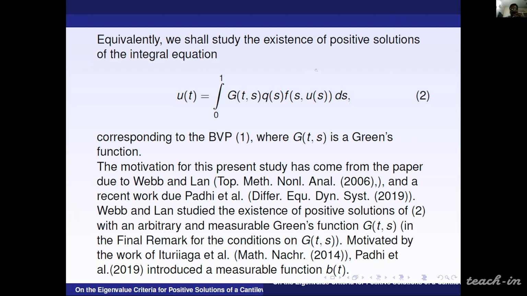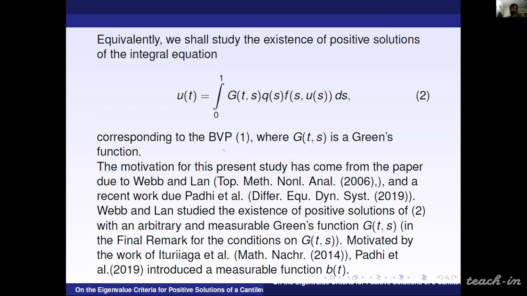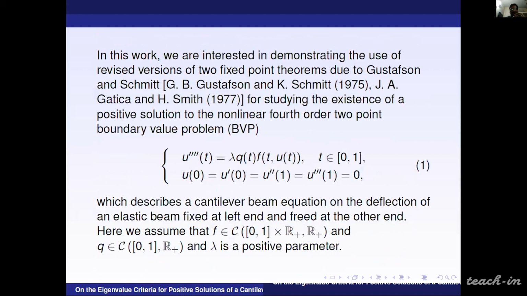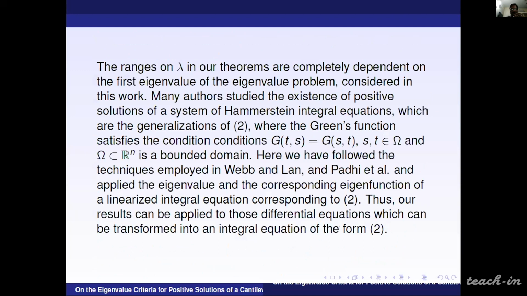And by using the bounds on the first eigenvalue of the corresponding linear equation, we shall be giving different sufficient conditions for the existence of positive solutions of this boundary value problem 1. The ranges of lambda in our theorems are completely dependent on the first eigenvalue of the eigenvalue problem. We shall be considering this work.